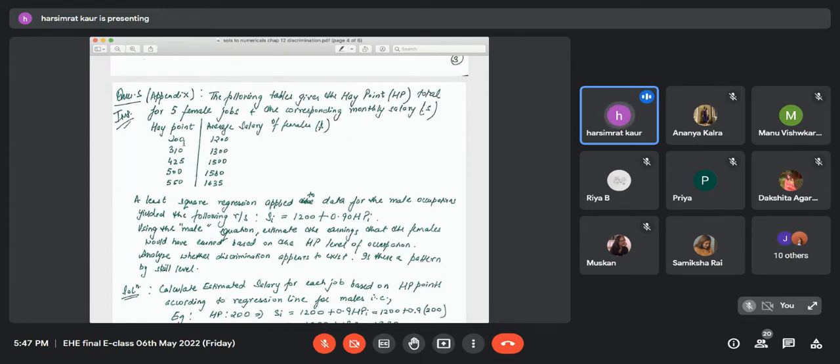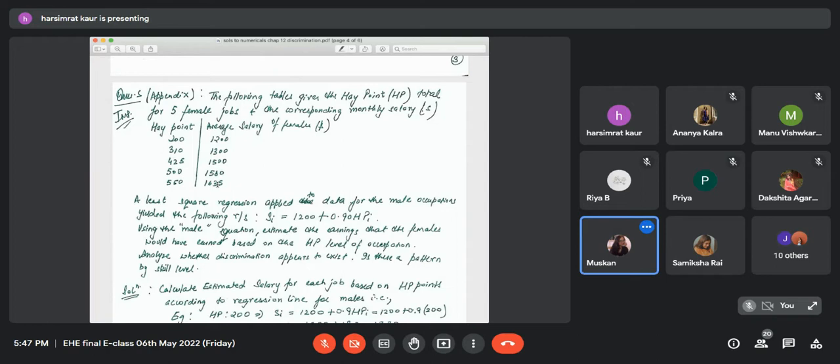So guys, 5 jobs, 5 rating points are given, and corresponding to that, these are the average salaries of females which they are getting from these 5 different jobs. Okay guys, I hope this is clear. Any question? These are the rating points and these are the salaries which their employer is giving to them. Is it okay?